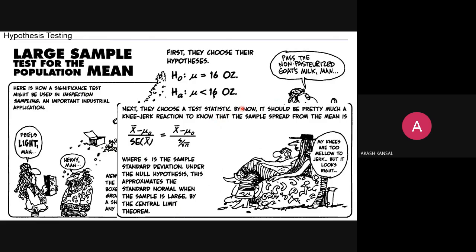So I think this is pretty clear now. The test statistic that we form is x bar minus mu naught upon the standard error, which is s by square root n. S is going to be the standard deviation of the sample. Moreover, we already know that if n is large enough, it would approach a standard normal distribution using the central limit theorem.